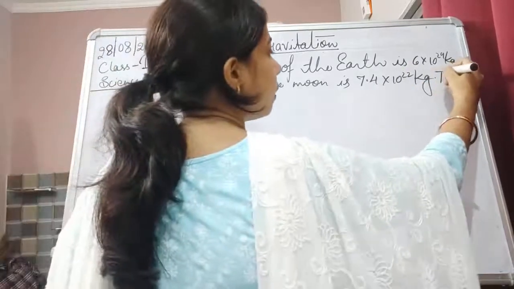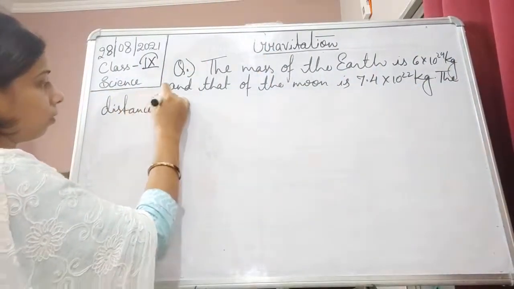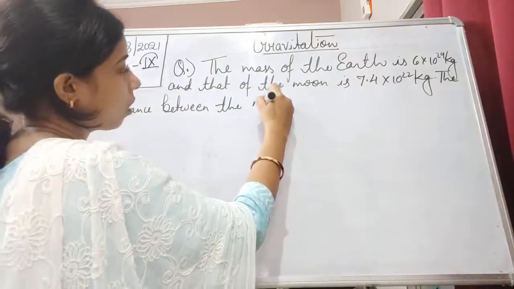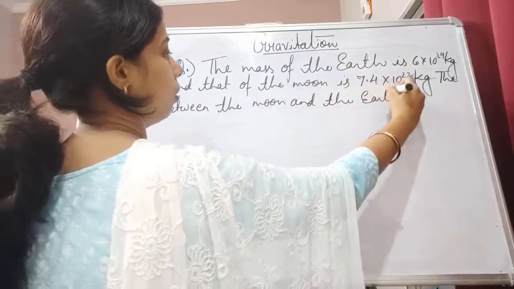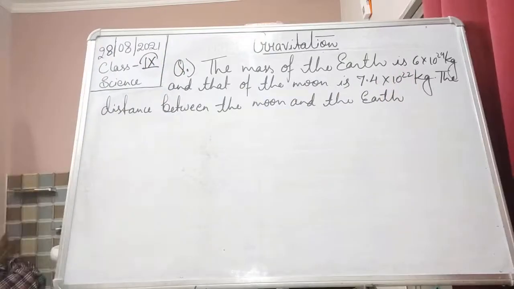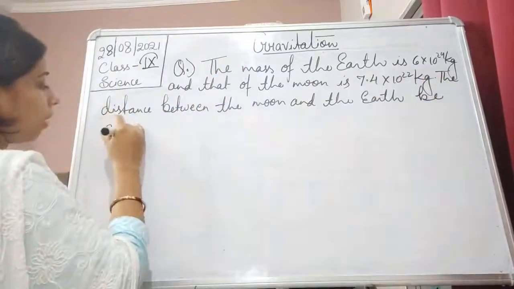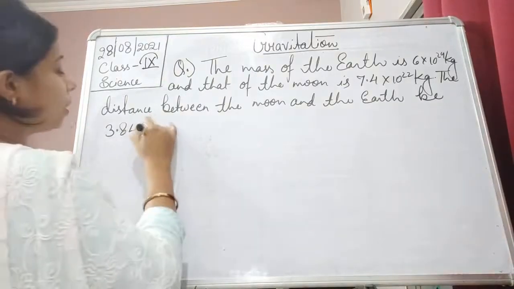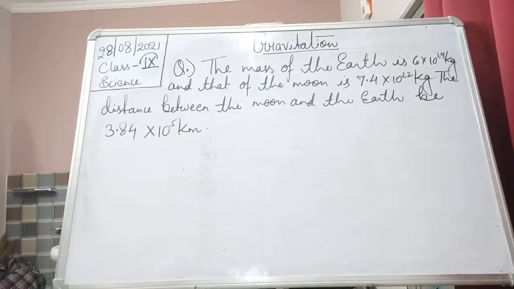Not only this, the distance between the moon and the earth is 3.84 into 10 the power 5 kilometer.